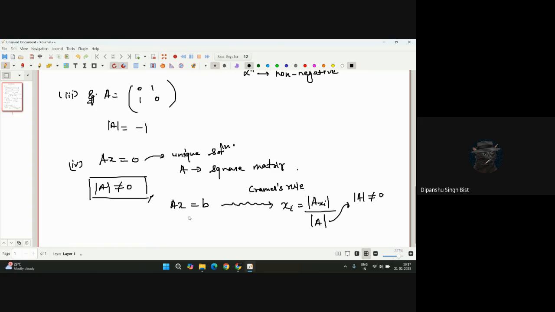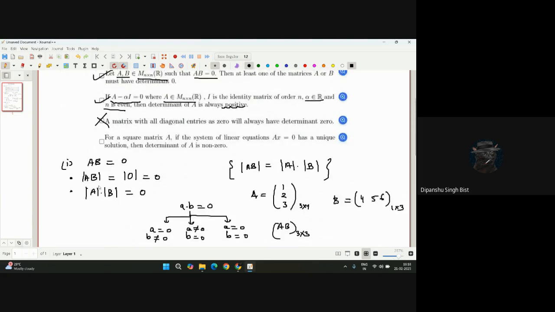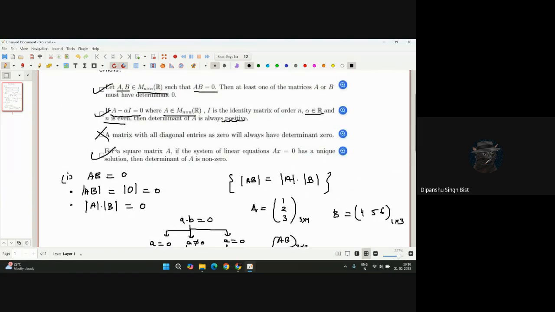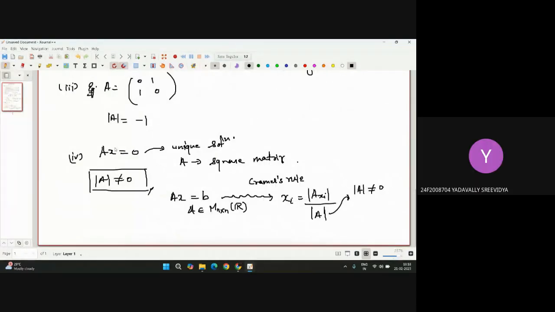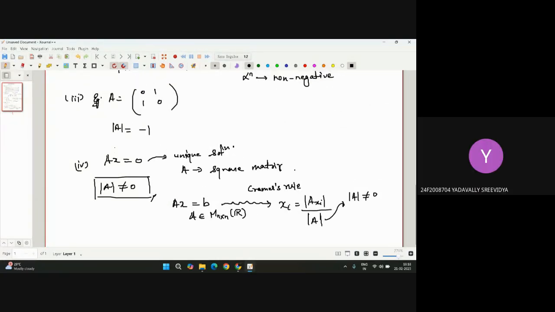Okay, and we are assuming that A is a square matrix. Only then can we talk about all these things. So option 4 is correct as well. Any doubts in any of the options? Could you repeat the last option?